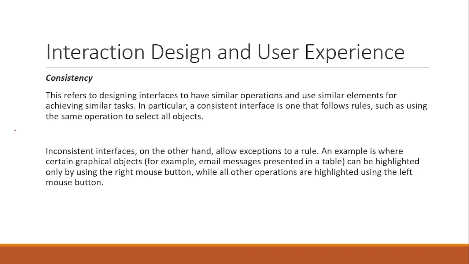In particular, a consistent interface is one that follows rules, such as using the same operation to select all objects. When you select all objects, you have similar operations you can do, such as a single click on a button.